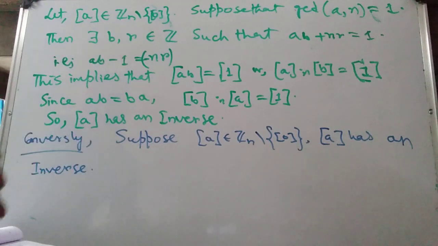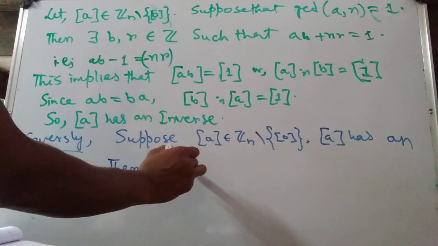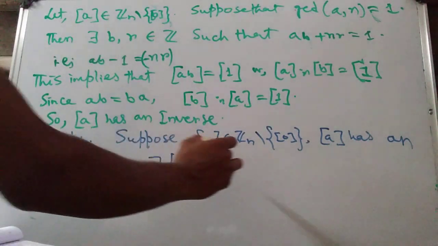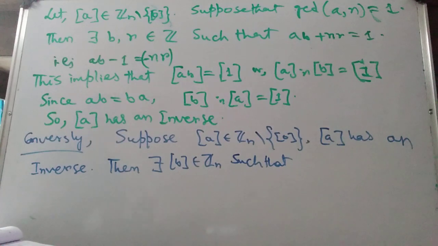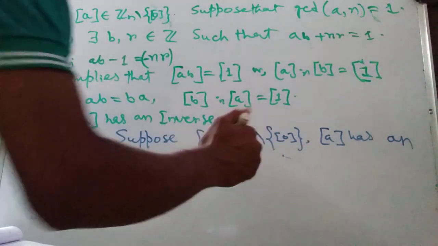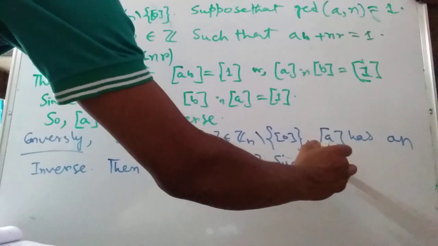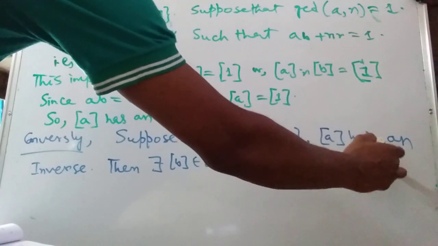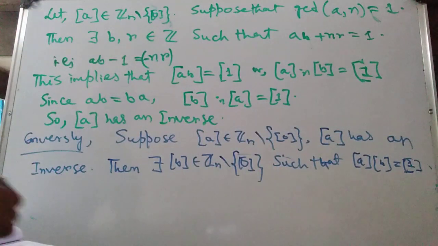Then there exists class B belongs to Zn difference 0 such that class A class B equal to class 1. Understood?